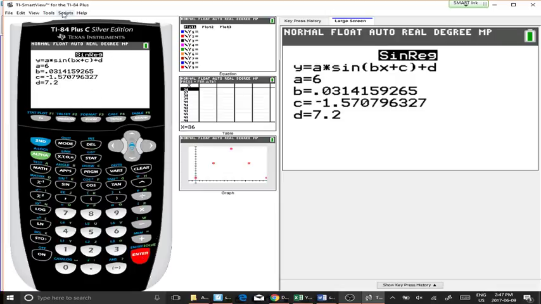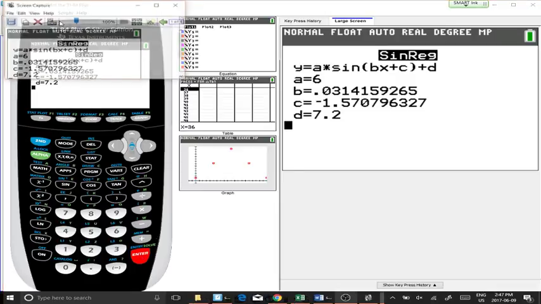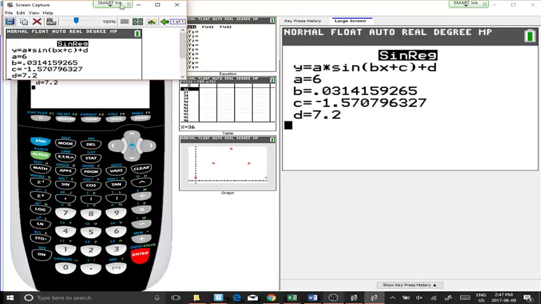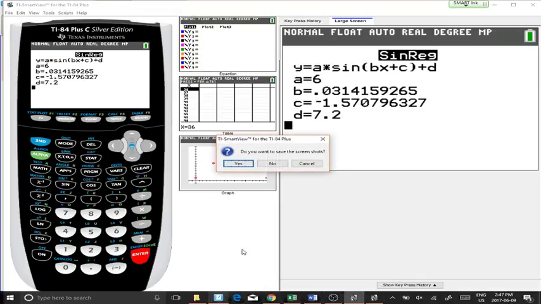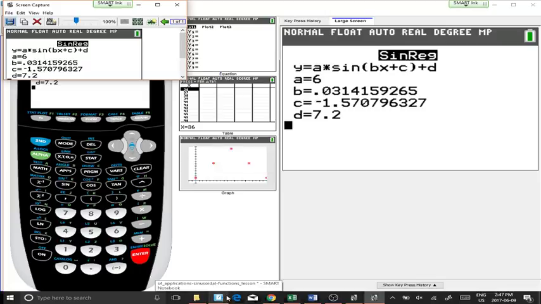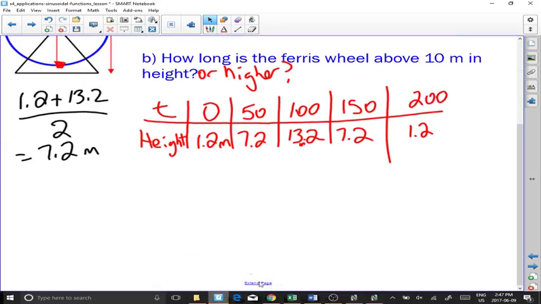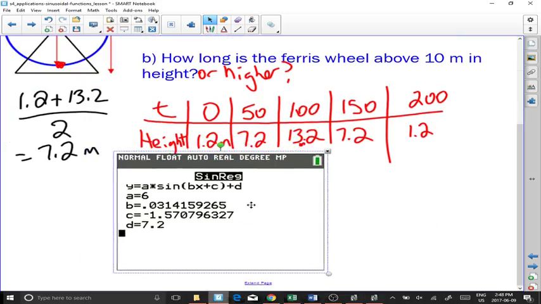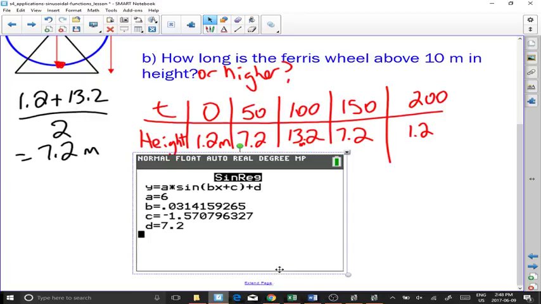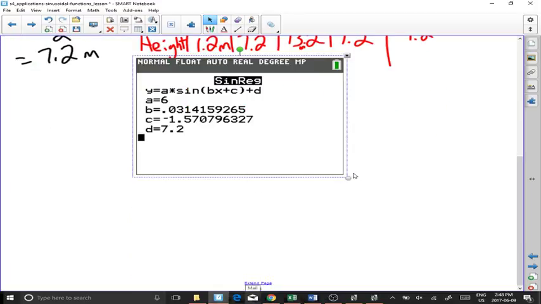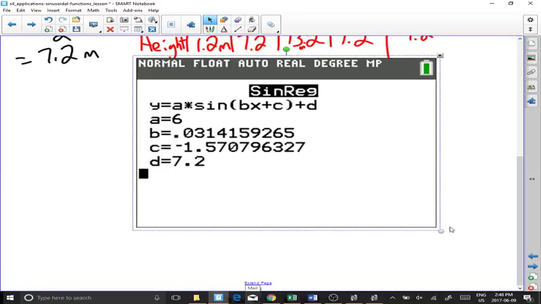I'm just going to take a screenshot of that because I want to paste that over here. So that's your A, B, C, and D value for sine regression. That's your A, B, C, and D value.